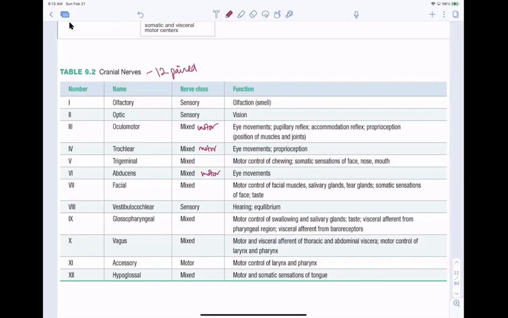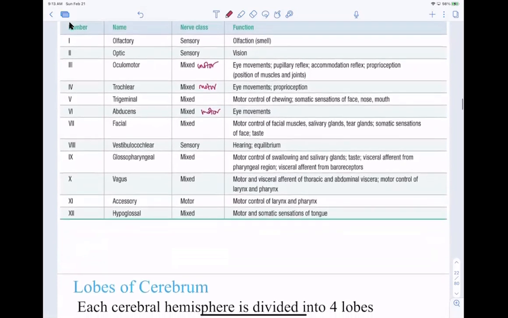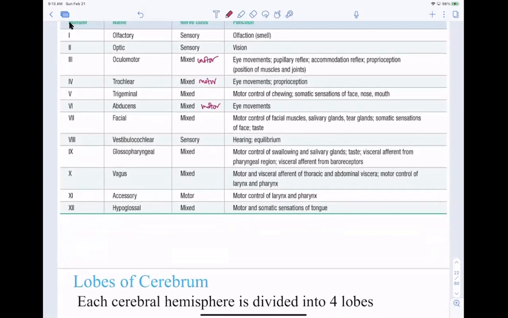I just want to bring up the point that cranial nerves can just be afferent sensory axons coming into the brain, or they could be pure motor axons leaving the brain. And that's what that nerve class means. But they're all dedicated to different sensory and muscles, usually at the upper portion of your body, except for the vagus nerve, and that is your parasympathetic nerve, right?